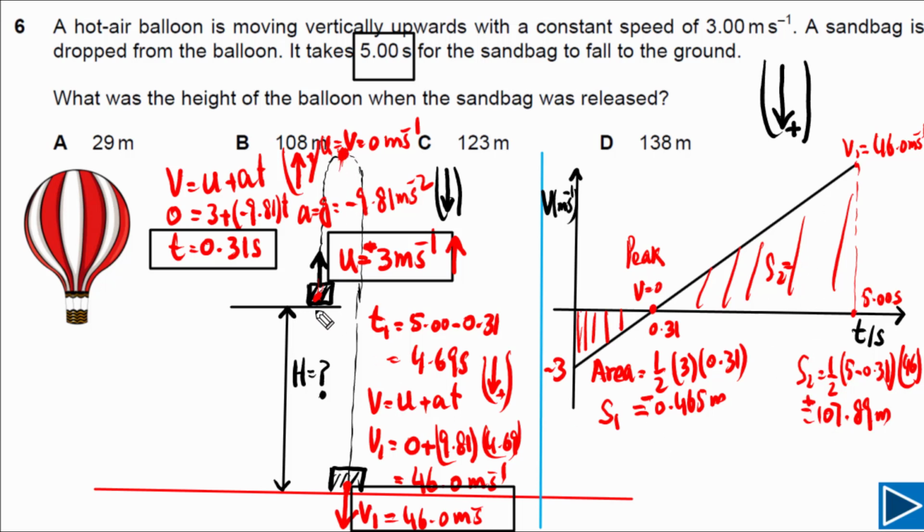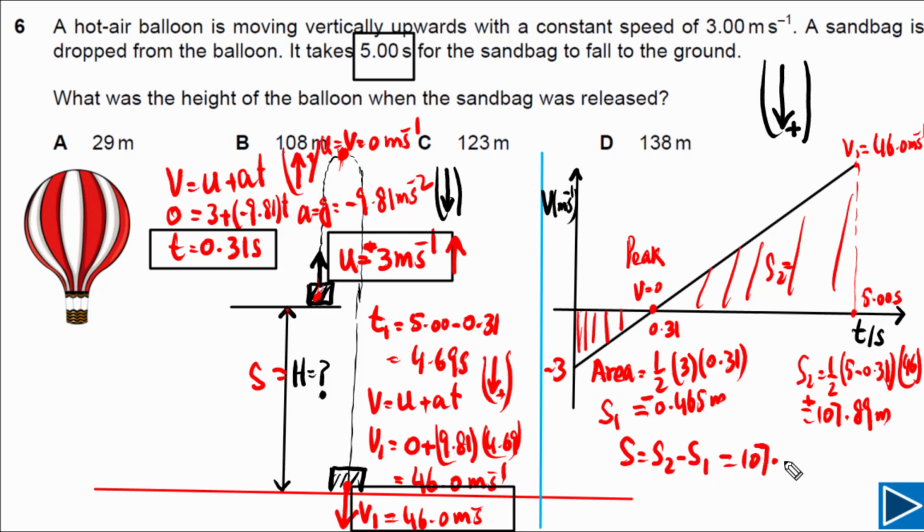What we need to find is the displacement from this point to this point, so we can say that is equal to S. S in this case is equal to S2 minus S1.